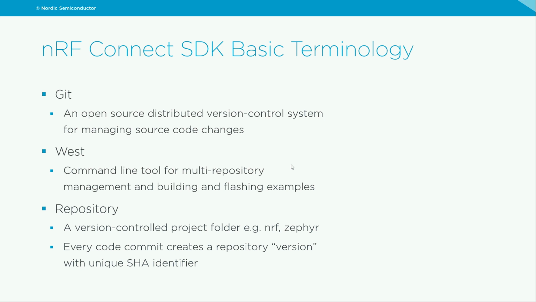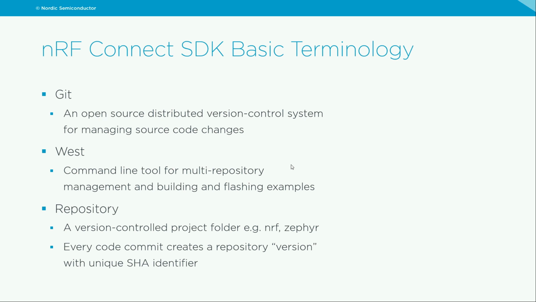Then you have West, which is a command line tool for multi-repository management and also building and flashing of examples. And a repository is essentially just a version controlled project folder. For example, when you download the latest version 1.7 of nRF Connect SDK, you will see different folders: among others, nRF, Zephyr, nrfxlib, etc.